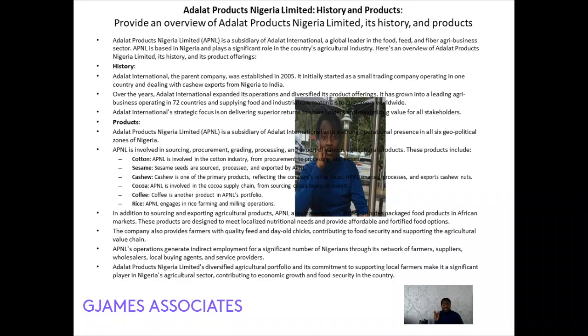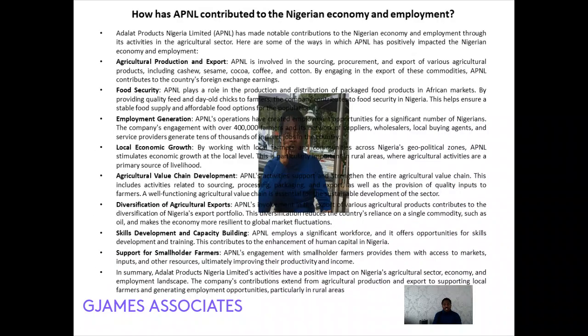When they mention supply chain and the like, just come back and look for aspects like this and give it to them. These are aspects of supply chain. Then Adalat products. So if a question comes on supply chain, give these aspects to them, right? So Adalat has contributed economically and otherwise in Nigeria and overseas.